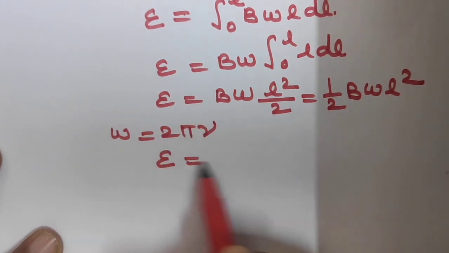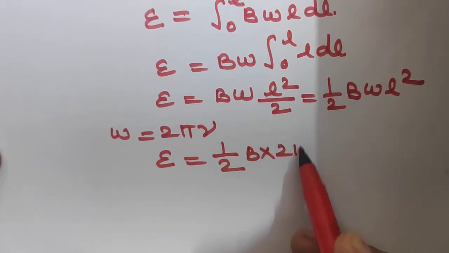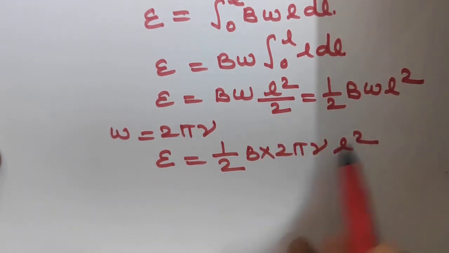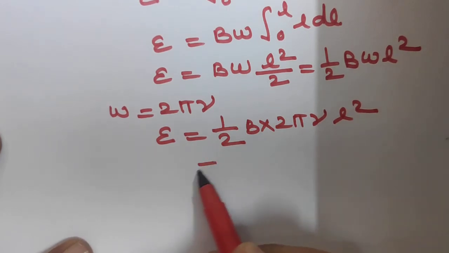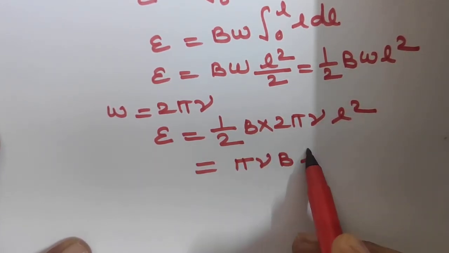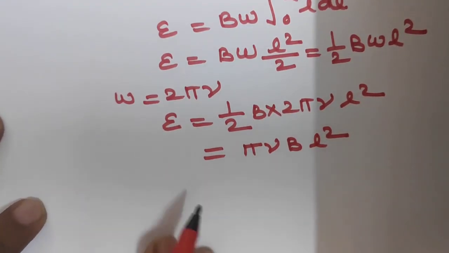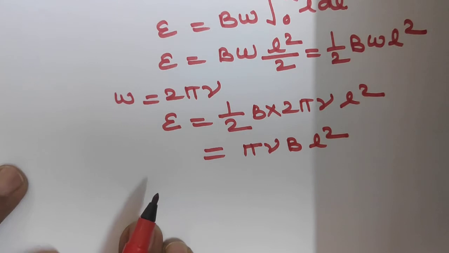So we get E equal to half B into 2 pi nu L square, and this is pi nu B L square after cancelling. So this is the EMF.